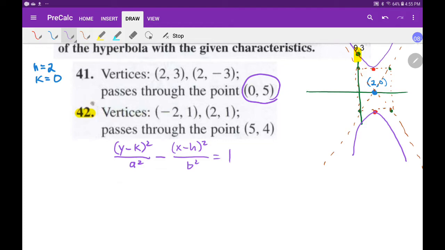Maybe you'd like me to write this as an intermediate step. Y minus 0, so just y, over a squared minus x minus 2 squared over b squared is equal to 1.